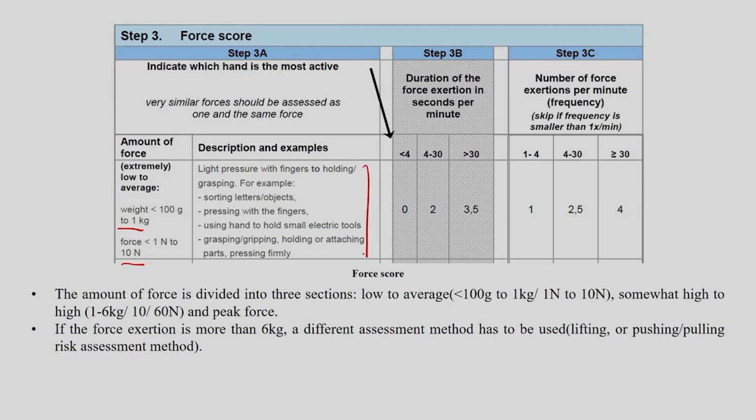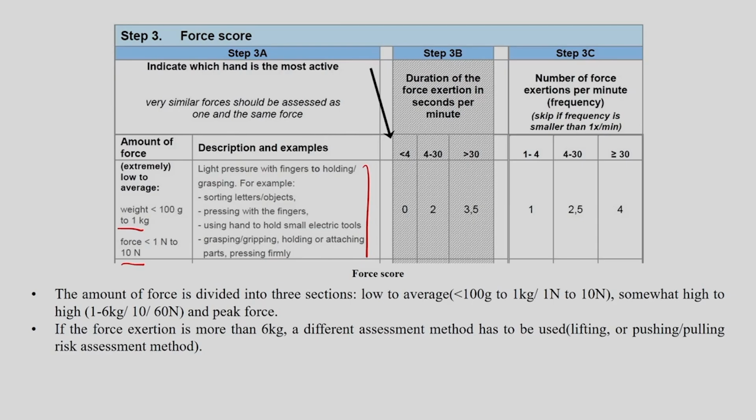Light pressure with fingers, holding or grasping, for example sorting letters, objects, some small objects, pressing with fingers, using the hand to hold small electric tools, grasping, gripping, holding or attaching parts, pressing firmly.